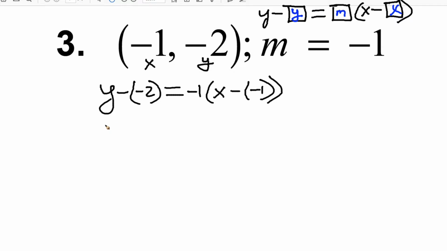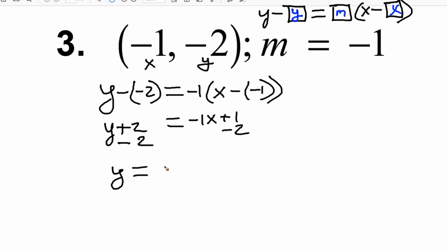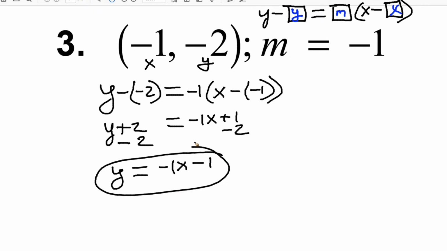Minus a -2 is same thing as y plus 2 equals -1x plus 1. Minus a -1 is plus 1. So now we're going to minus 2 from both sides, leaving us with just y equals -1x, or -x minus 1. And that's how you do number 3.